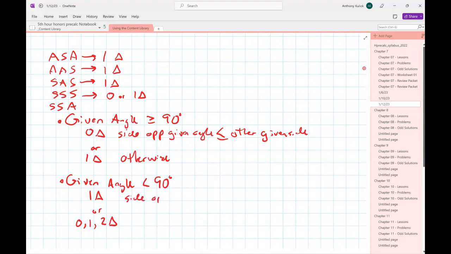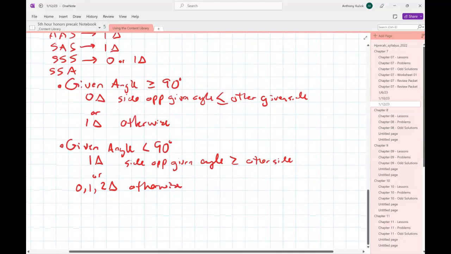If the side opposite the given angle is greater than or equal to the other side, then 1 triangle, no matter what. Otherwise, so if the side opposite is the smaller of the 2, then we're in this ambiguous case.